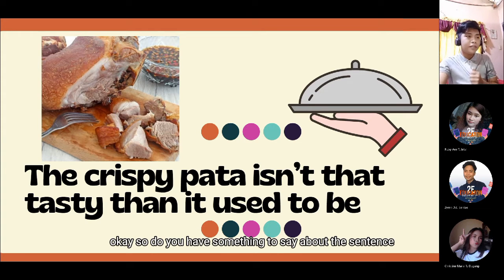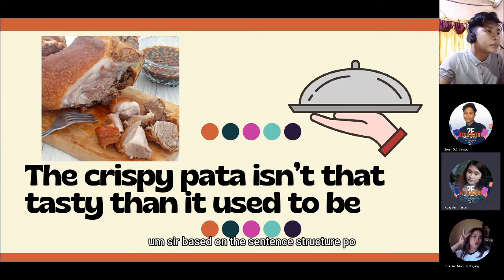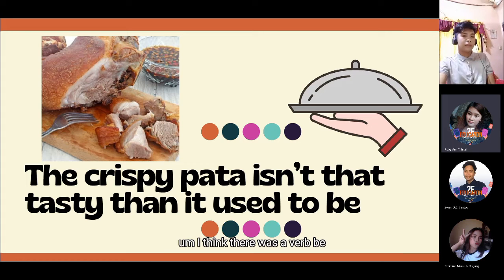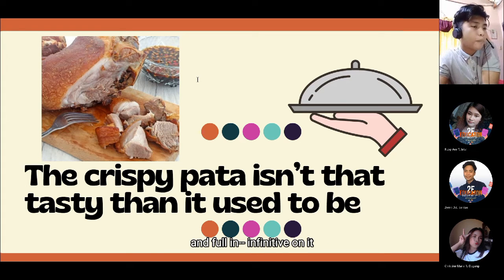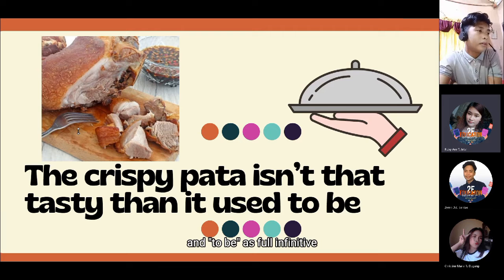Do you have something to say about the sentence? Sir, based on the sentence structure, I think there was a verb be and a full infinitive in it, which is the word isn't as the verb be and to be as the full infinitive.